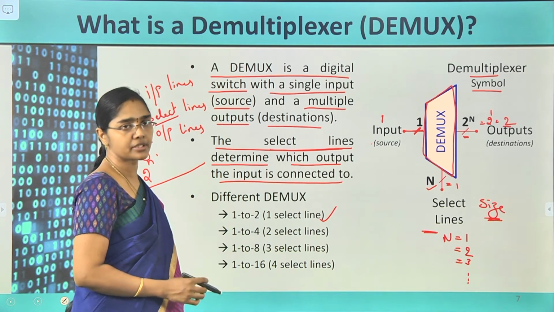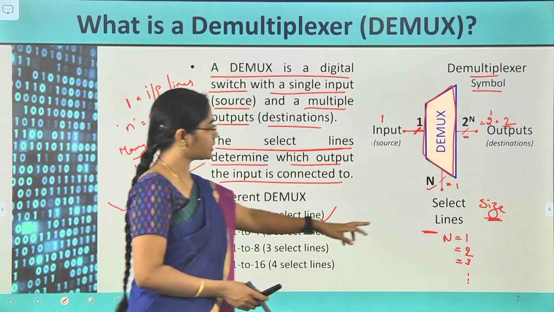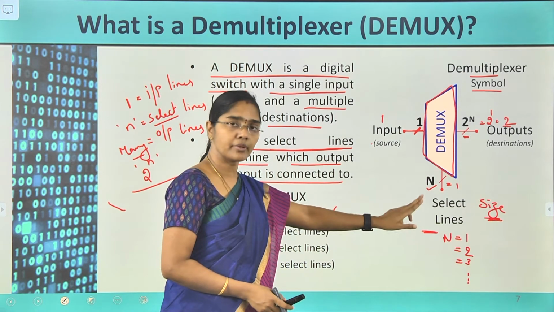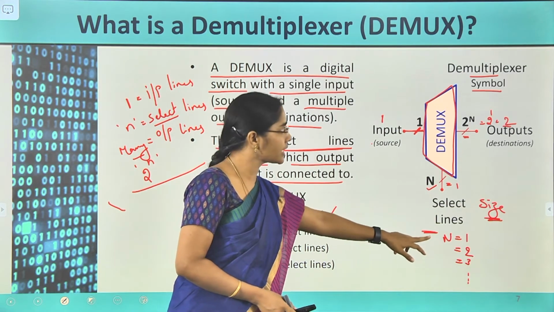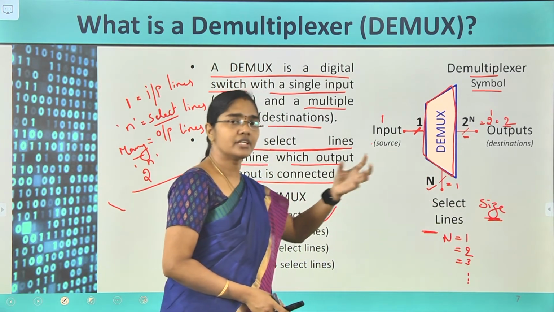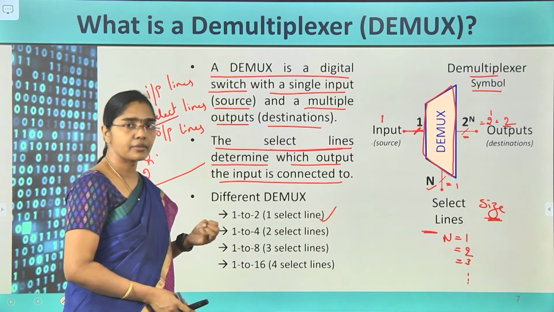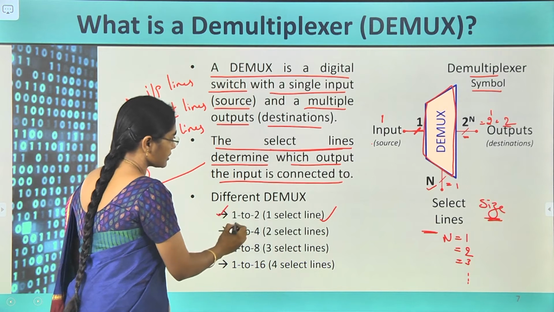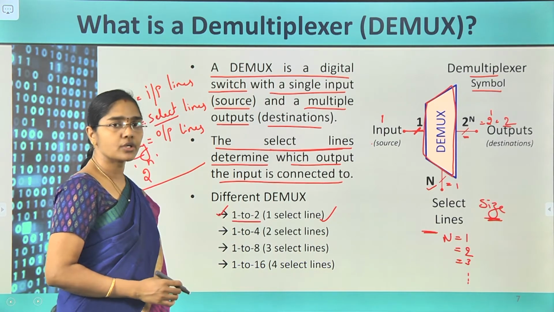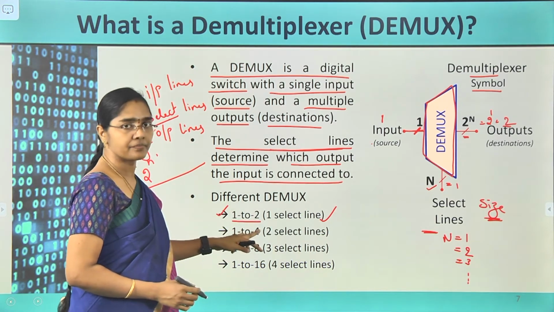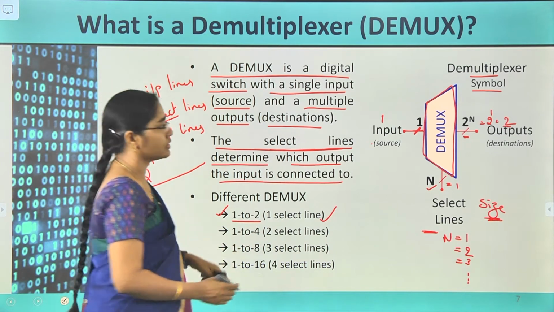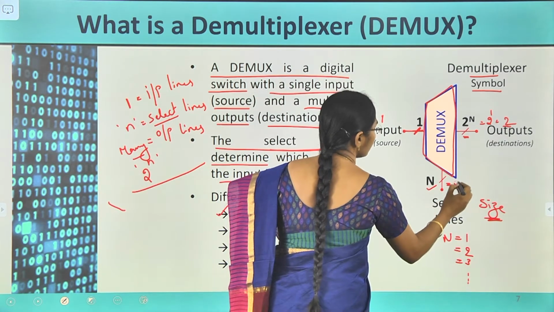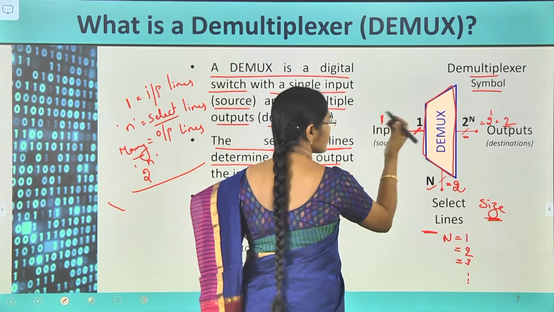Now, depending upon the size of the selection lines, there are different types of demultiplexers available. First, if selection lines are 1, then that is called a 1 to 2 demultiplexer. If n is equal to 2, input is 1 always.